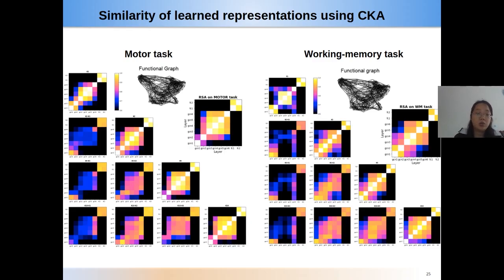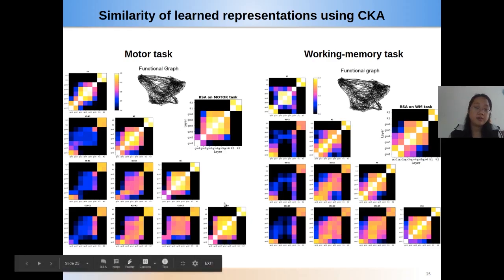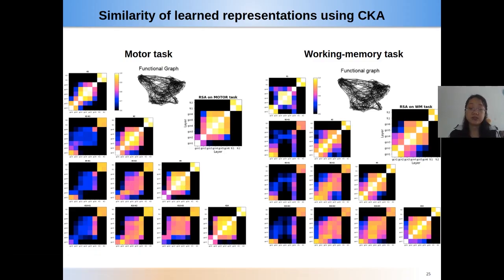Here we see that for the motor task, even when k equals 1, we already capture a very stable representation. But when we increase k to a higher order, for instance 5, the representations are highly duplicated.